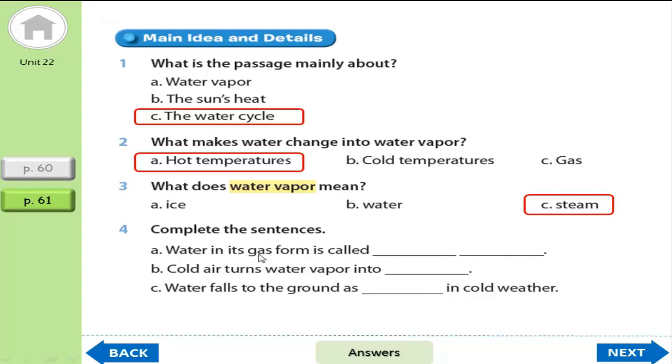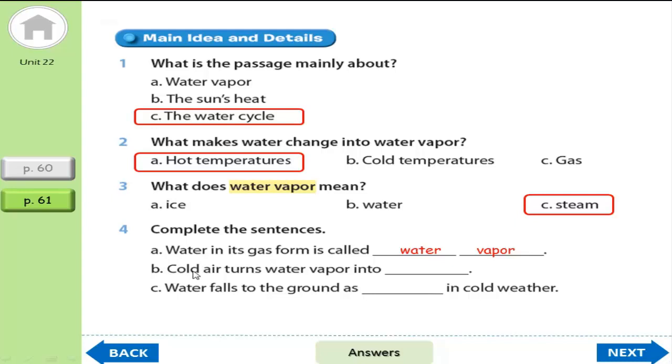So when water becomes gas, how should we call it? Okay, so when water becomes gas, it's called water vapor. Okay, please try to remember.